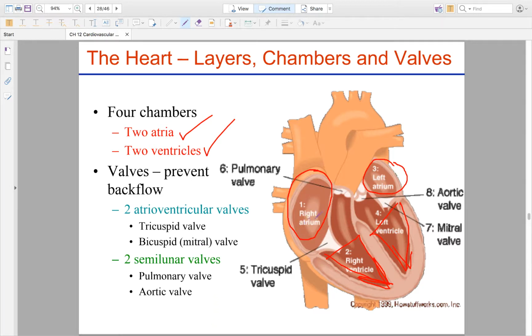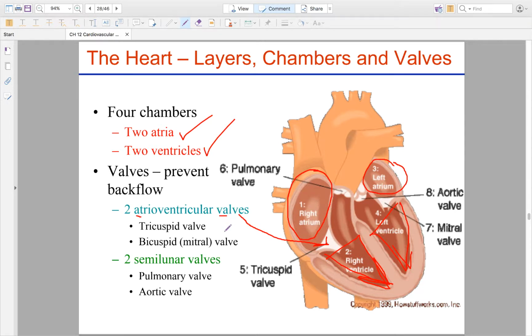Now, in between the right atrium and the right ventricle, so this is technically the right side of the heart, we have a valve that separates the 2 chambers, and similarly between the left atrium and the left ventricle, there's also a valve here. Now there are 2 names. Let's start with the right. This valve is known as the right atrioventricular valve, or sometimes the right AV valve.